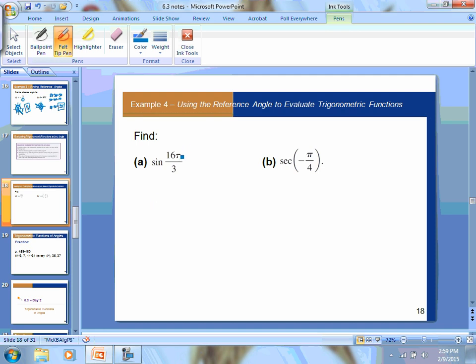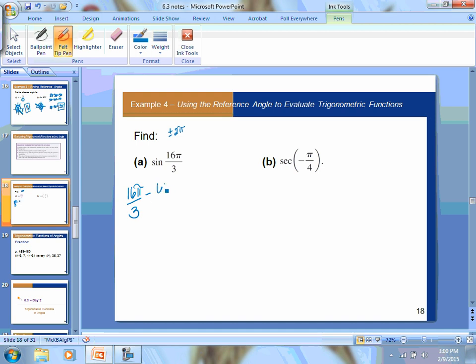So 16 pi over 3, remember if I'm trying to find a coterminal angle for that, I'm going to subtract 2 pi. Okay, so I'm either going to add or subtract 2 pi as I go around the unit circle. So here we're going to subtract so I can make it smaller, but I don't want to subtract 2 over 1.